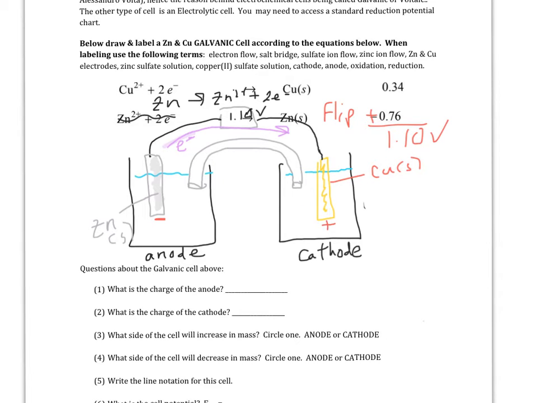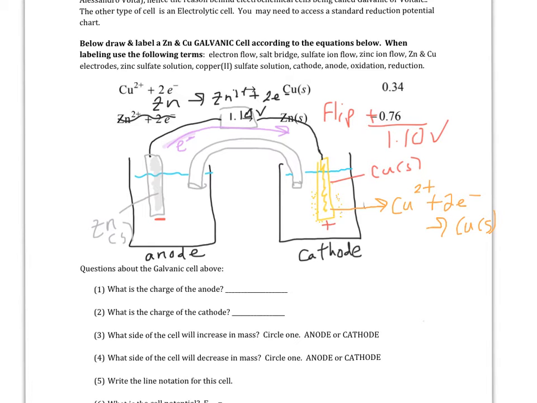So on this we're going to have Cu2+ adding 2 electrons, and it's going to make solid copper.